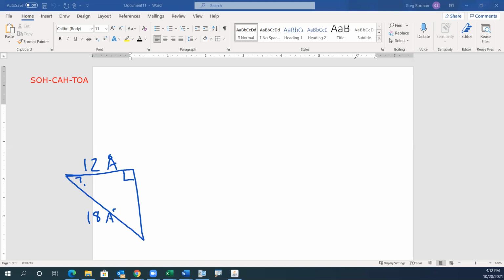Relative to this angle, the two sides we're interested in are the adjacent and the hypotenuse, so that involves cosine. Cosine of my angle, because you always plug an angle into sine, cosine, and tangent, is the adjacent side divided by the hypotenuse. I'll do cosine inverse of both sides.